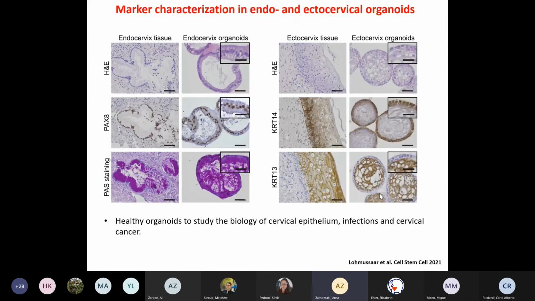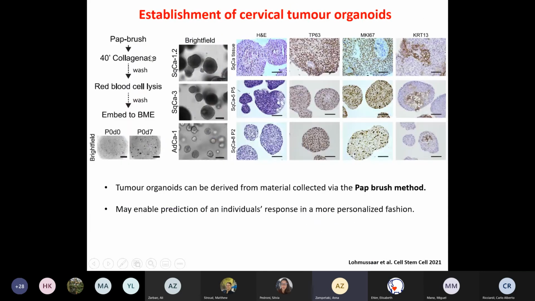One more example that I think is remarkable is the generation of endo and ecto cervical organoids. Here again, the staining shows you how close to the actual normal, healthy tissue in this case, these organoids are, so that it can be used to study the biology of cervical epithelium, infections and also cancer. And in here you actually see some cancer and tumor organoids.